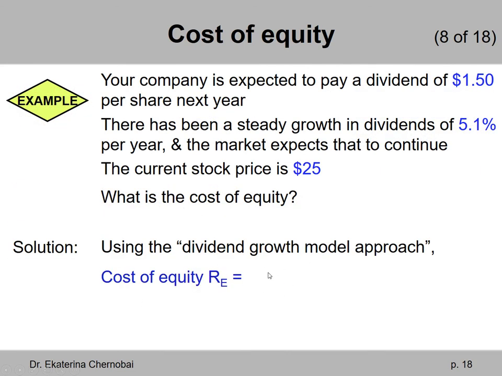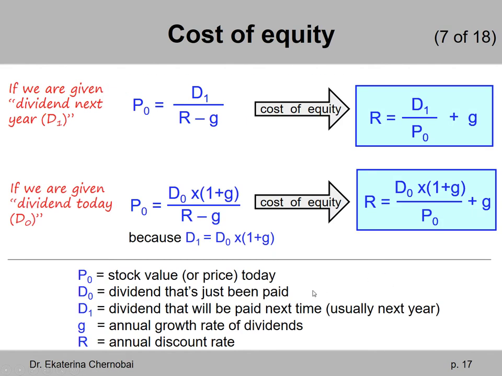Remember, we had a couple of versions of the formula to calculate the cost of equity using the dividend growth model approach. Because $1.50 is the dividend that will be paid next year, we use the version, so let's go back one slide, slide 17.